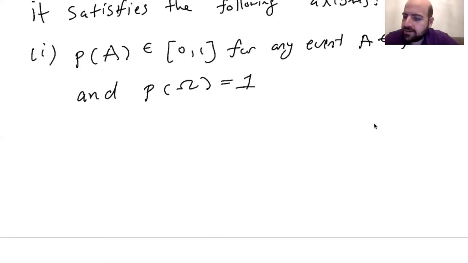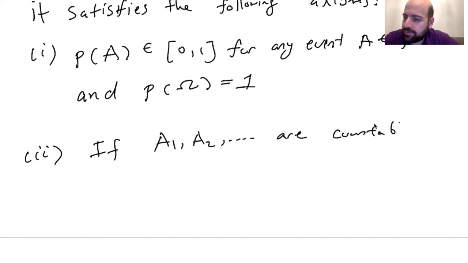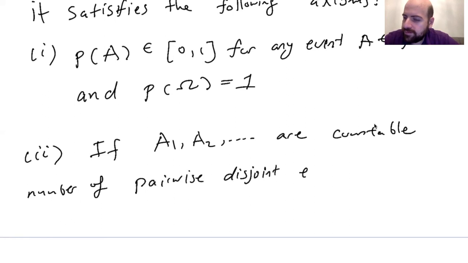And the second axiom is that if, let's say, A1, A2, are a countable number of pairwise disjoint sets or disjoint events.